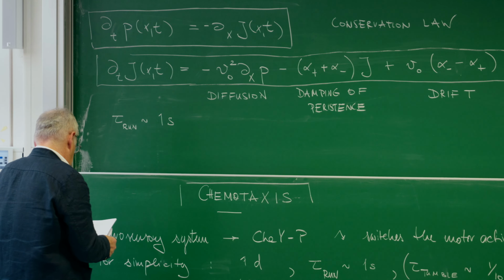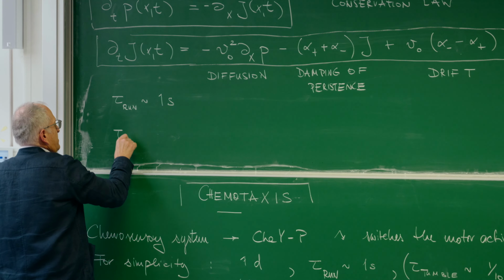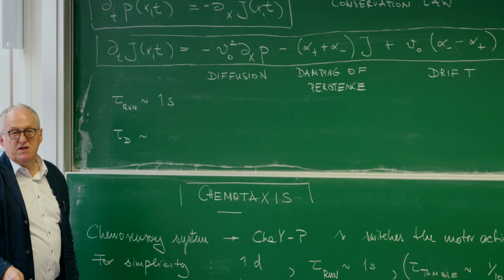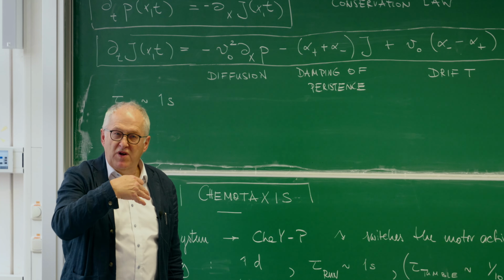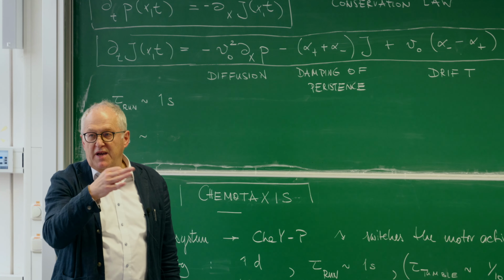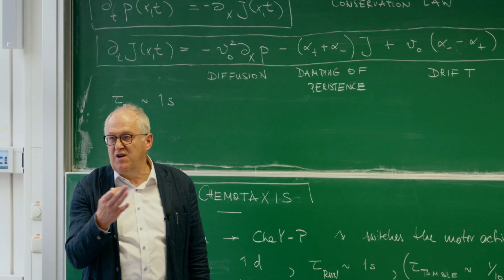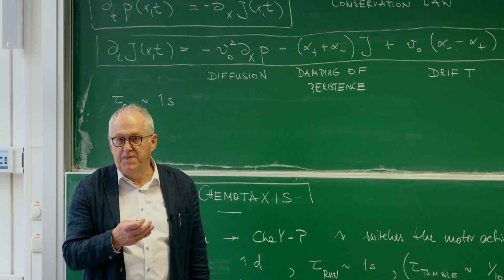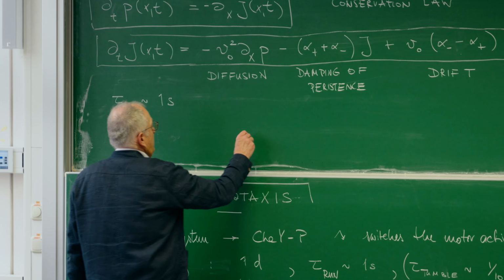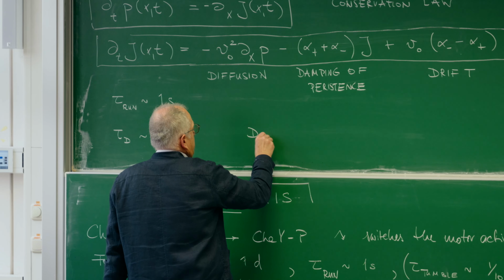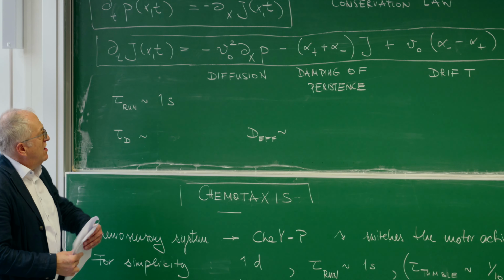Then we also have another time, which is a diffusion time. And diffusion time now means if you look at the motion of such a bacterium over long time scales, it looks like flipping back and forth very fast. So that means you have an effective diffusion of this bacterium. So there will be a diffusion time, but what's the diffusion coefficient for that? You can kind of read it off here.